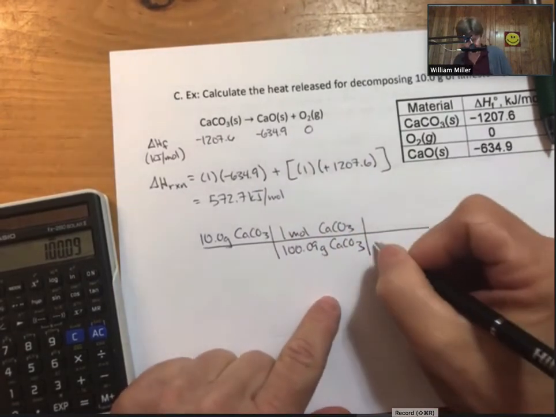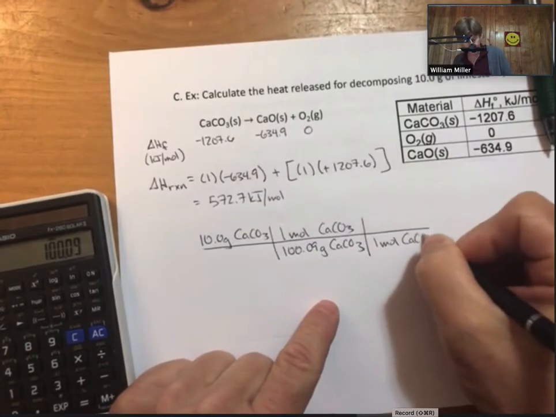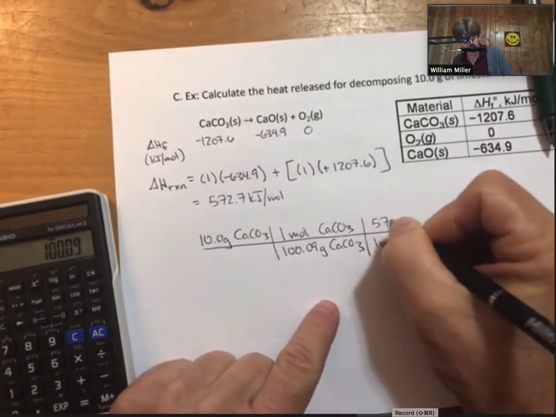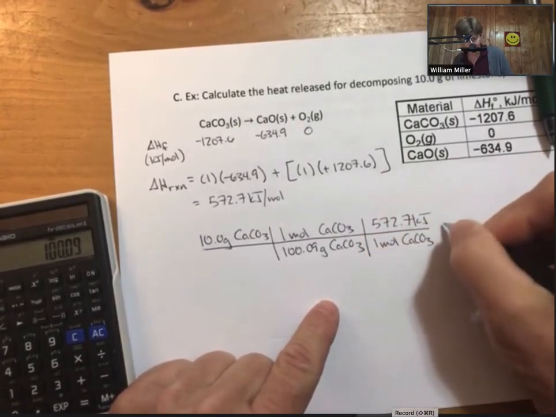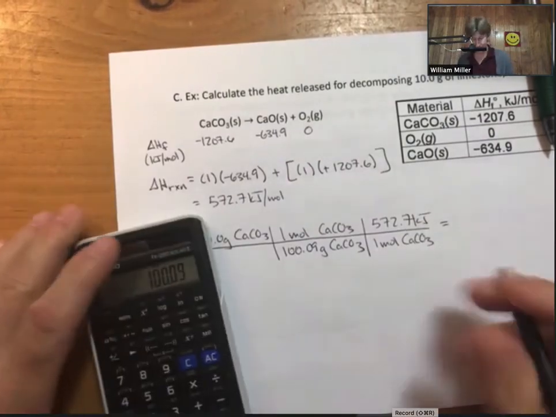Then for every 1 mole of calcium carbonate, it takes 572.7 kilojoules of energy that are taken in.